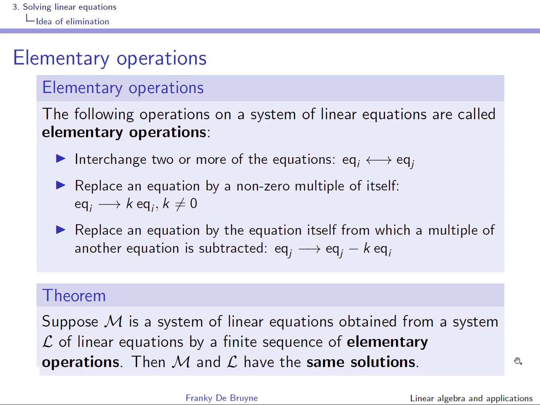Okay, the second elementary operation is to replace an equation by a non-zero multiple of itself, and the third elementary operation is to replace an equation by the equation itself, from which you subtract a multiple of another equation. Okay, and this is exactly what we're doing in Gaussian elimination to produce zeros.